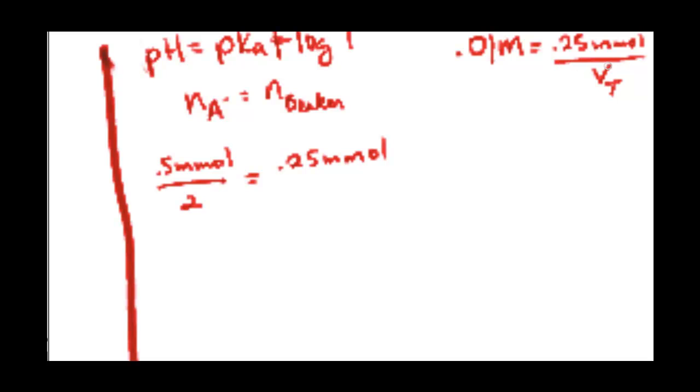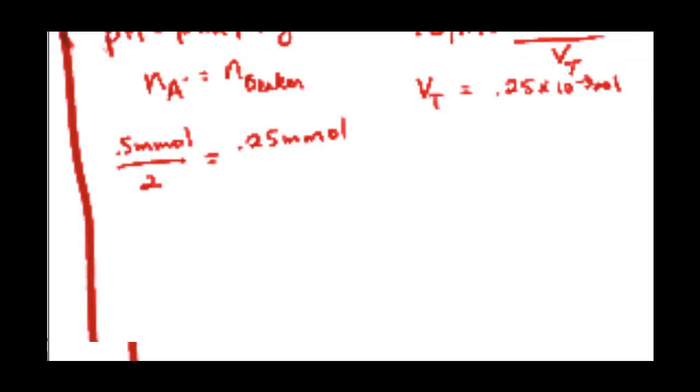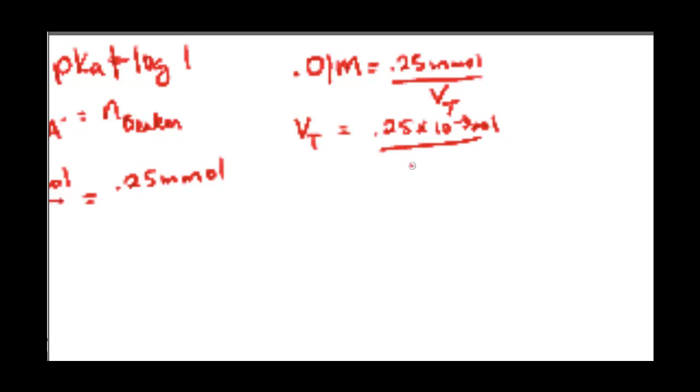Okay, so what we do is we just multiply by the volume of titrant on this side and divide: 0.25 times 10 to the negative 3 moles over 0.01 molar. So when you do that, you get 0.025.